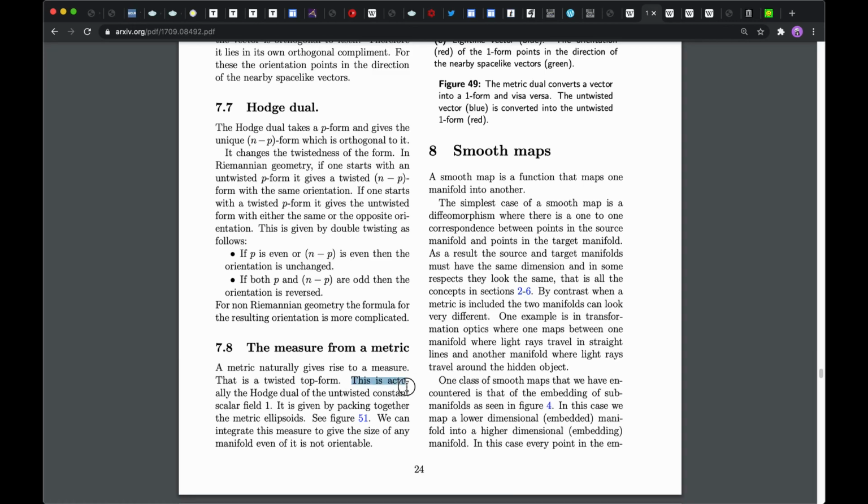Here it also says that this is actually the Hodge dual of the untwisted constant scalar field 1. So if you think about that a bit, the scalar field and the orthogonal component to the scalar will be just a part of the volume there.